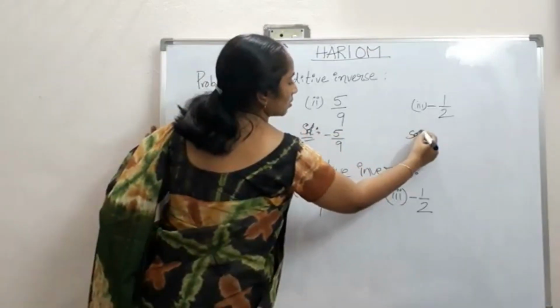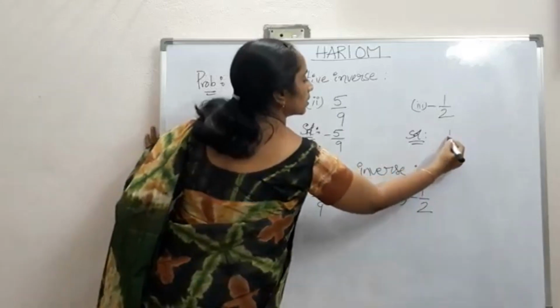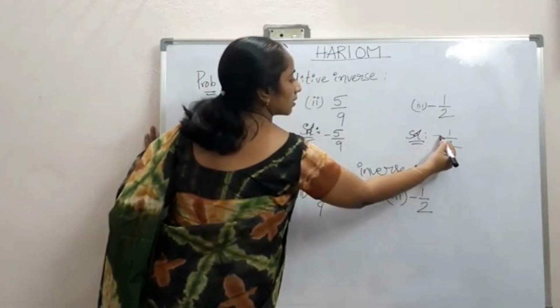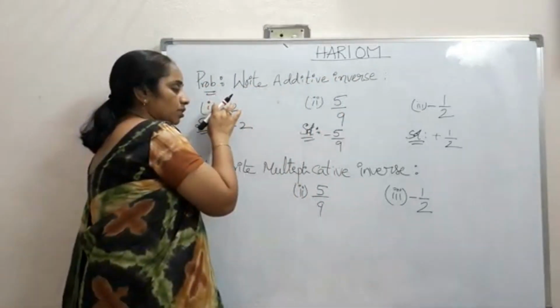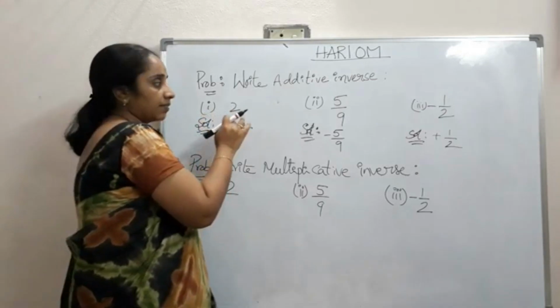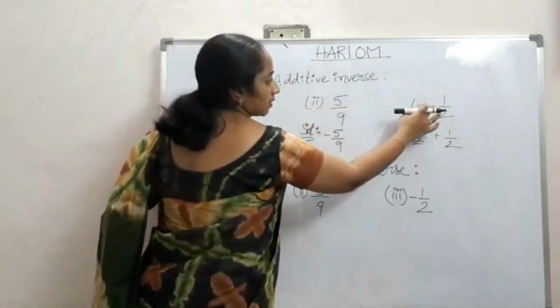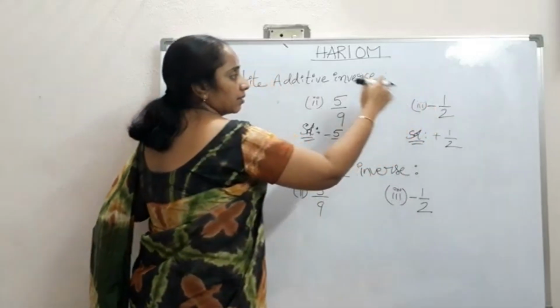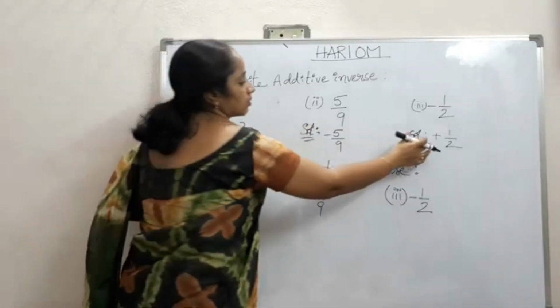This is also the additive inverse of minus 1 by 2, the same number with its opposite sign. So wherever it is positive, if we take its additive inverse, it becomes negative. If it is negative, its additive inverse becomes positive.